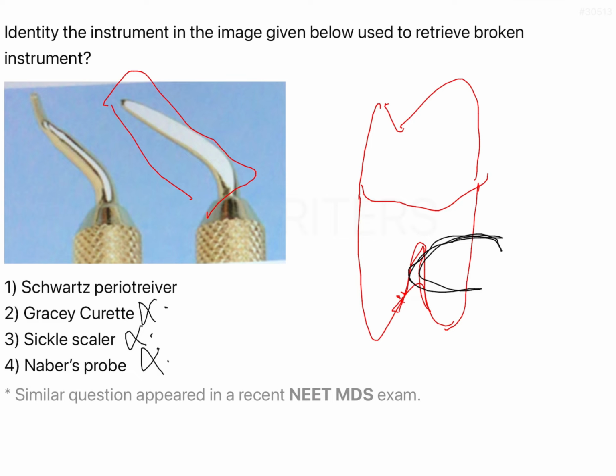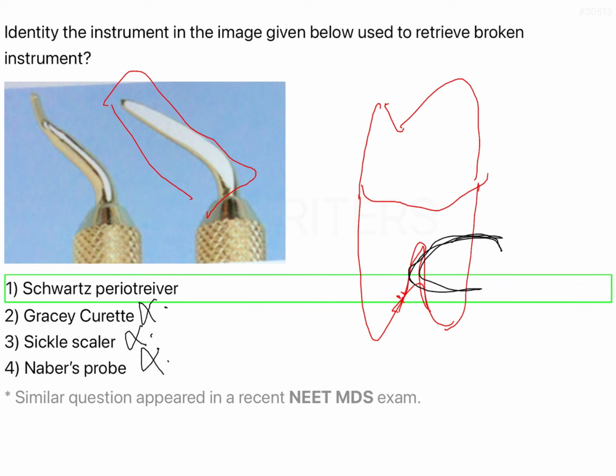Last are Schwartz periotrievers. From the name itself, periotriever, it is used to retrieve broken periodontal instruments. That is why they are called Schwartz periotrievers. The answer to the question is actually this one. These instruments have a magnetic component.